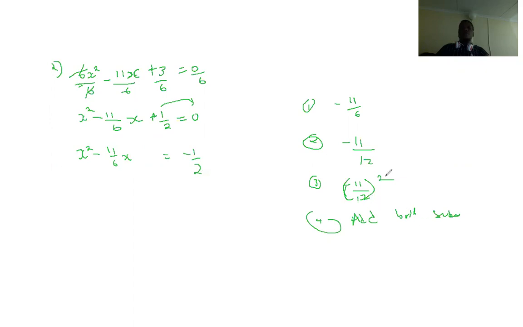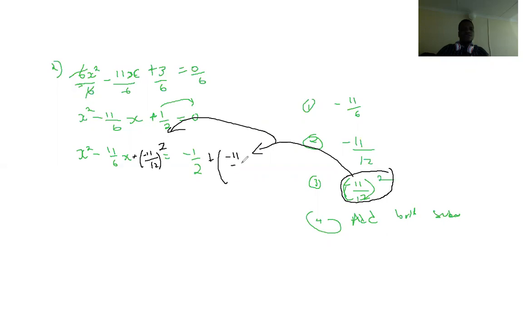Now once you have this, we said we are going to add it on both sides. So here I have plus negative 11 over 12 squared, and here also plus negative 11 over 12 squared. So you have added it to both sides.